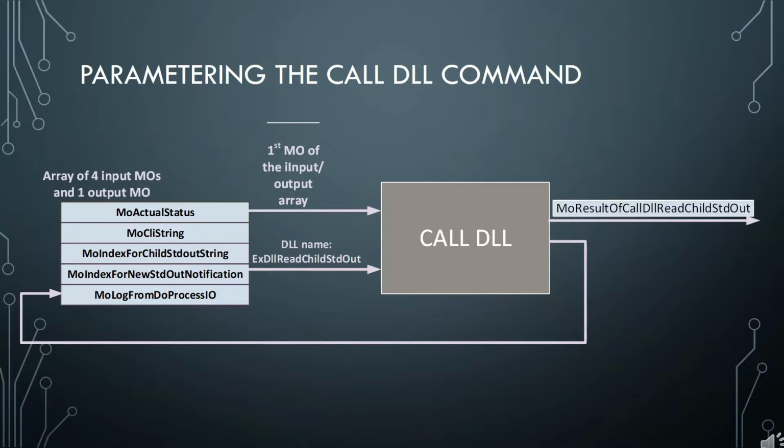The configurable command call DLL has, as every other configurable command, two input parameters. The configured name of the DLL, which can differ from the DLL file name. Then the first memory operand from the array of input and output arguments.